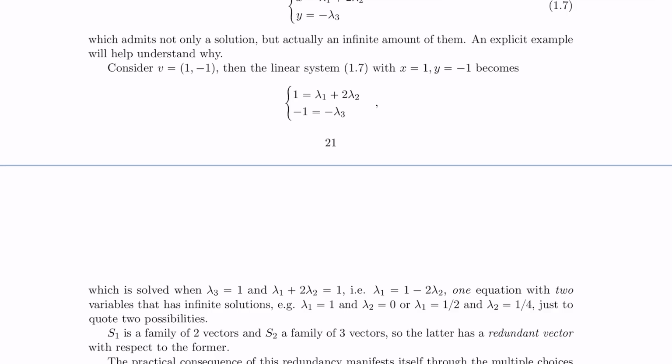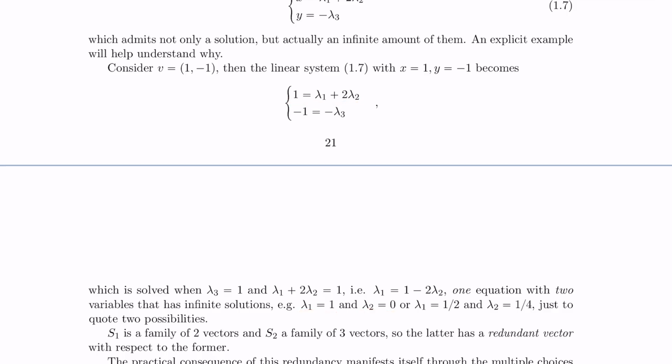However, regarding the first equation, we see that there is one equation with two variables. The variables are, of course, lambda 1 and lambda 2. This is why we have an infinite amount of solutions for this system. In fact, as I wrote here, you can choose, for example, lambda 1 equals 1, lambda 2 equals 0, and you have a solution to this equation.